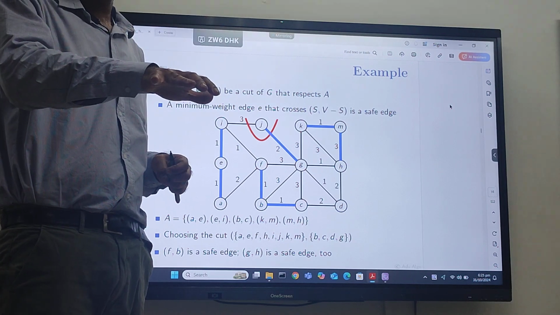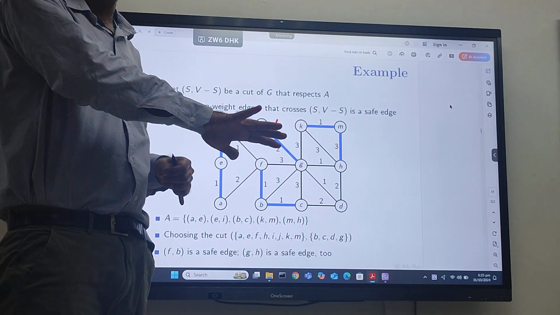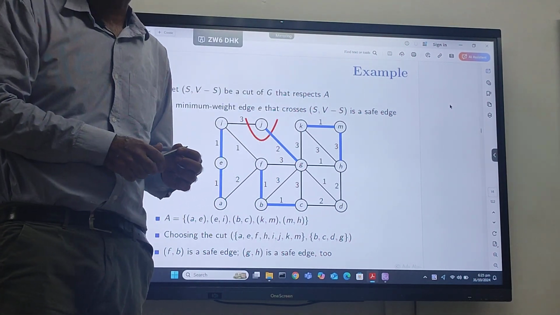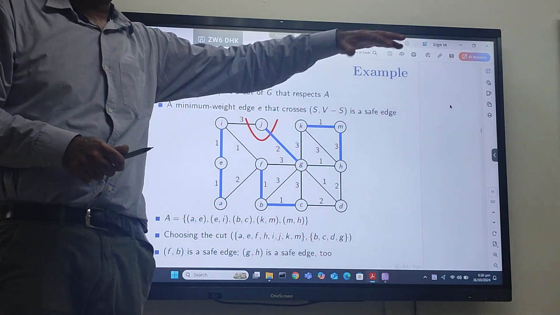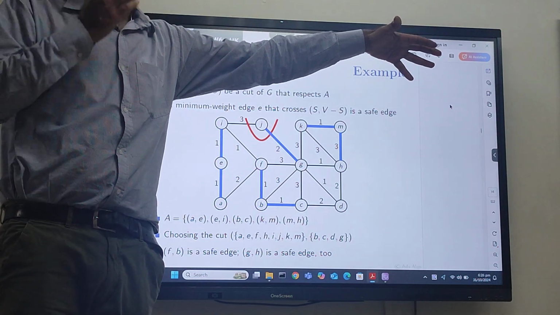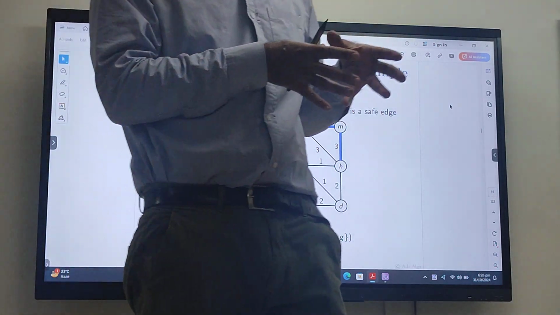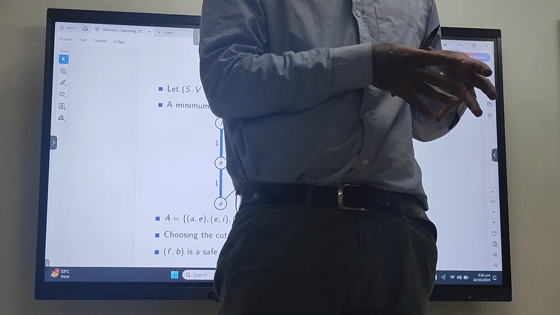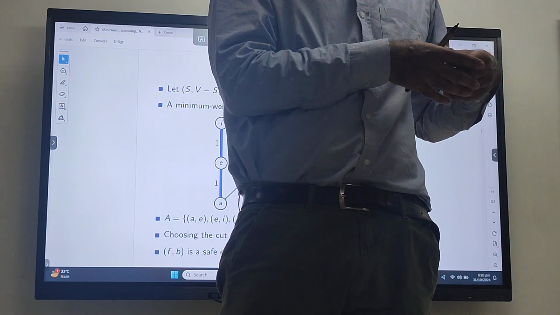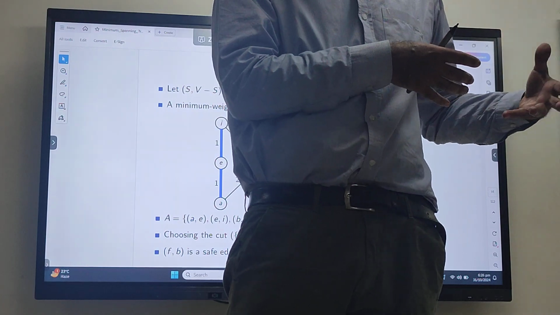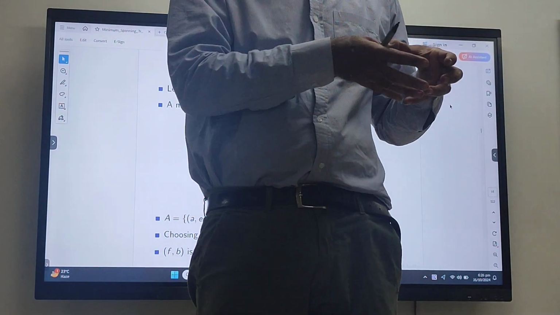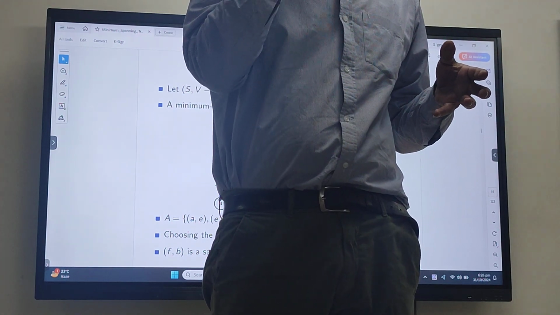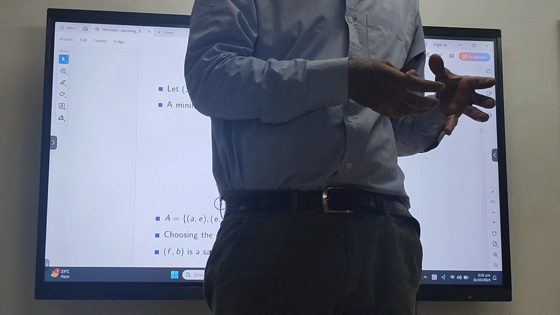If it doesn't respect A, we'll look for another partition, until we find a partition that respects A, and that can take a lot of time. So this is just a basis of how any concrete algorithm will be working. The concrete algorithms are Kruskal's and Prim's, and we'll study them later on. That essentially gives us a clever way of always finding the correct partition.